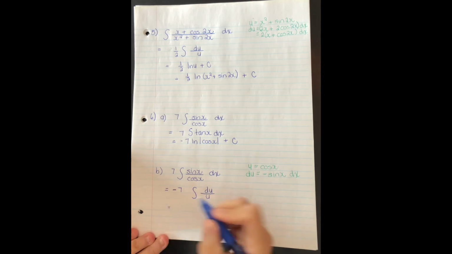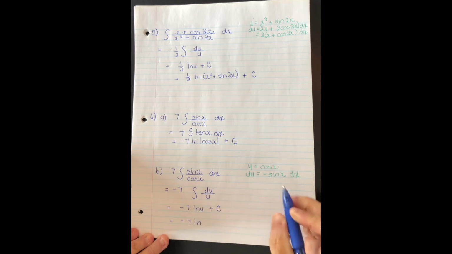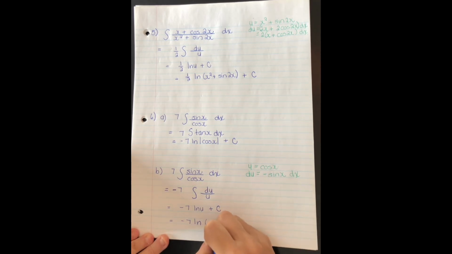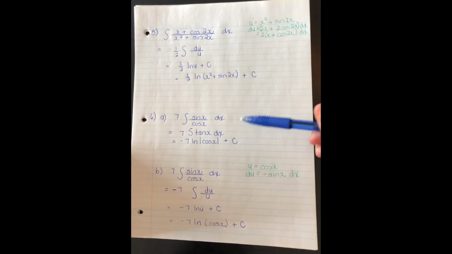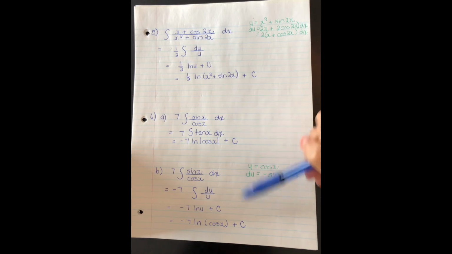And then you can see that this is ln u. So we have -7 ln u plus c. What is u? U is the cosine of x. Okay, so we end up with -7 ln cos x plus c, just as we did in part A. So solving the same problem two different ways.